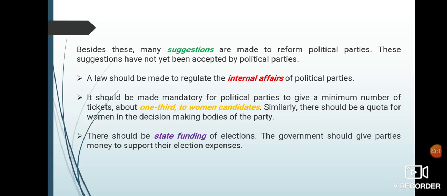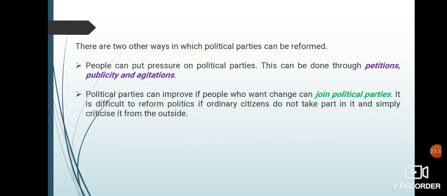And similarly, there should be a quota for women in the decision-making bodies of the parties even. There should be state funding of elections. The government should give parties money to support their election expenses, as they should not be permitted to use as much money as they want. So there should be a limit for using money in the election campaigns by the political parties.